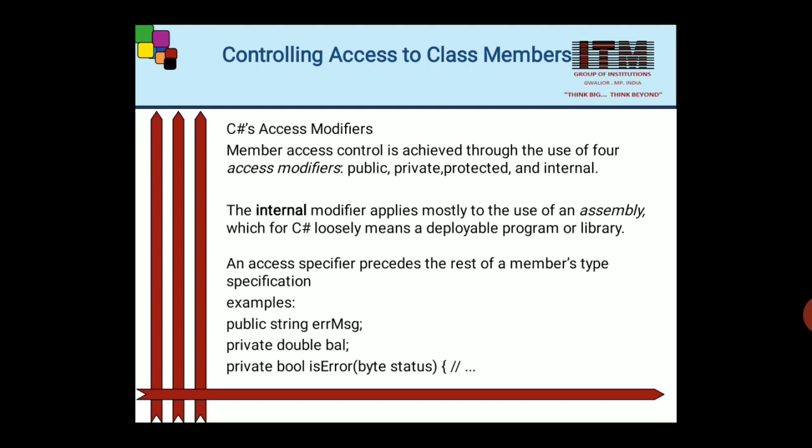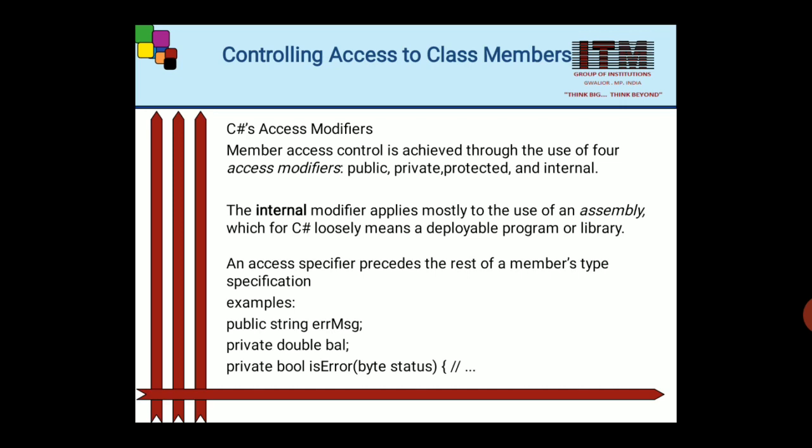An access specifier precedes the rest of the member's type specification, so it must begin a member's declaration statement. This is a basic example of the access specifier private.